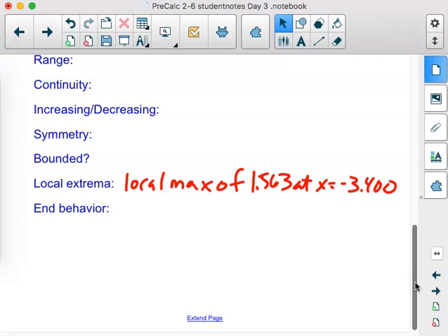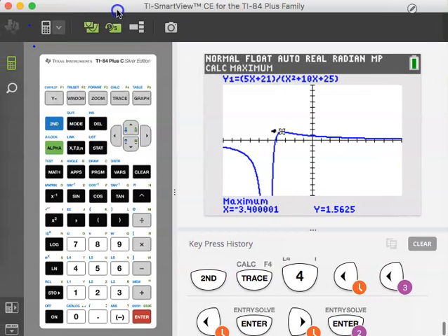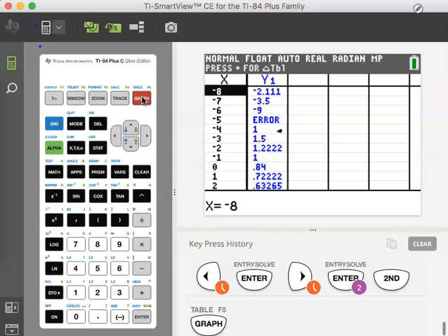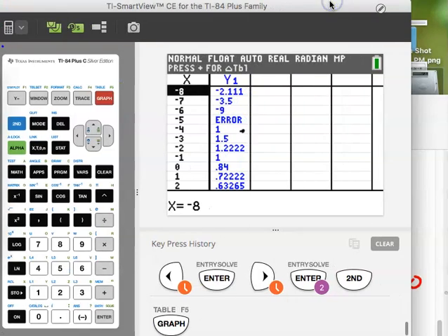Now I need my table so I can get a bunch of points. Second graph gives me the table, and while you are pulling that up, I've got to get it on my handheld as well so that I can write these down without having to flip back and forth because it takes too long.